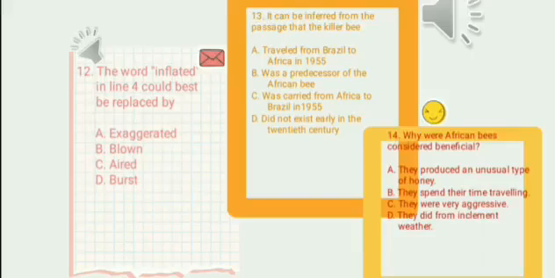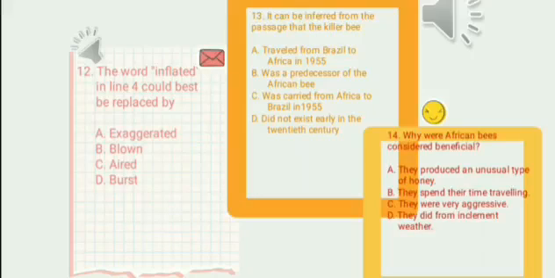Yeah, the answer is C. Because focus on the second paragraph, the sentence: the killer bee is a hybrid or combination of the very mild European strain of honeybee and the considerably more aggressive African bee, which was created when the African strain was imported into Brazil in 1955.